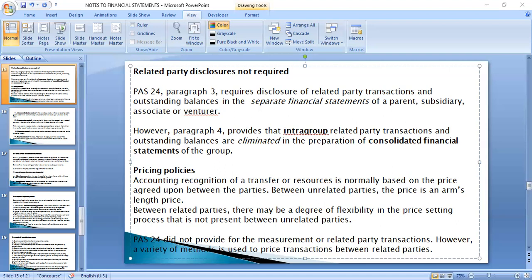The determination after the reporting period of the profit sharing or bonus payment if the entity has the present obligation at the end of reporting period to make such payment. The discovery of fraud or errors that show the financial statements were incorrect.